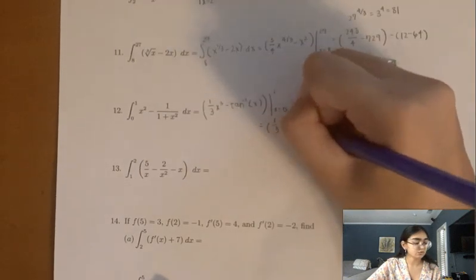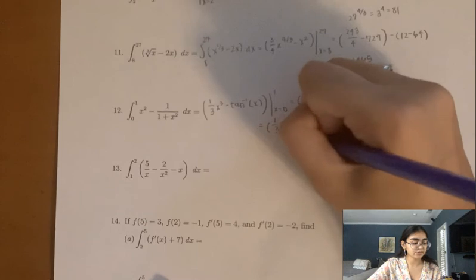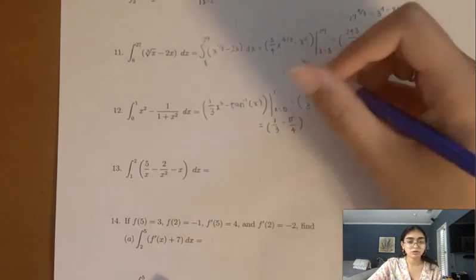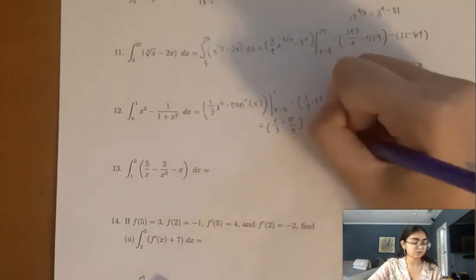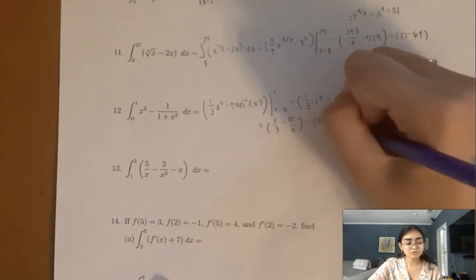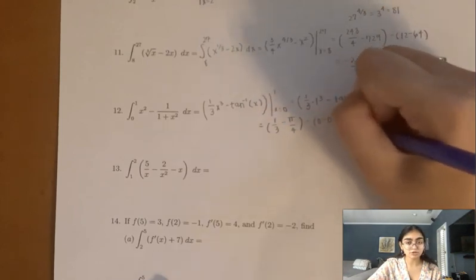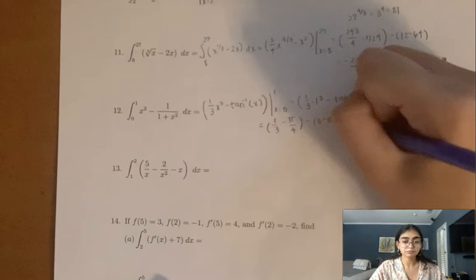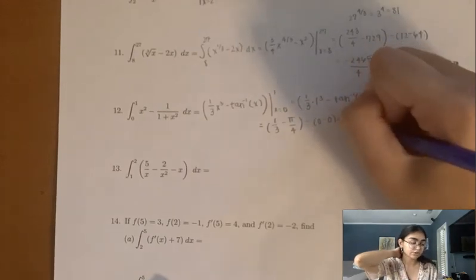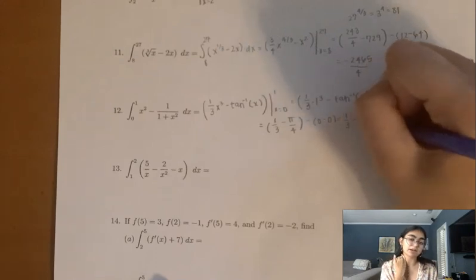And so that's going to end up equaling 1/3 minus pi over 4 minus 0. So the inverse tan of 1 is pi over 4, since the tangent of pi over 4 is equal to 1. The inverse tan of 0 is going to equal 0, since the tangent of 0 is equal to 0. So our final answer for number 12 is going to be 1/3 minus pi over 4.